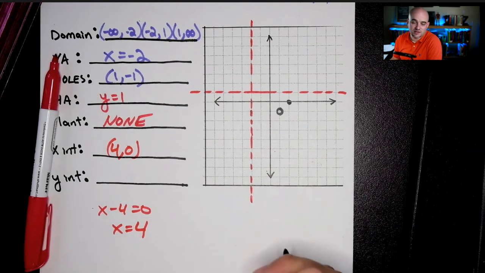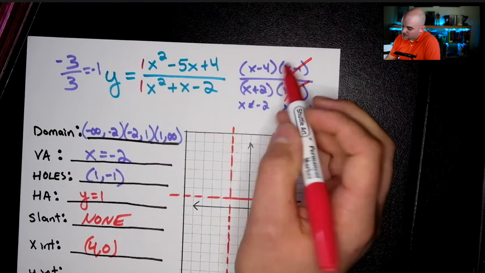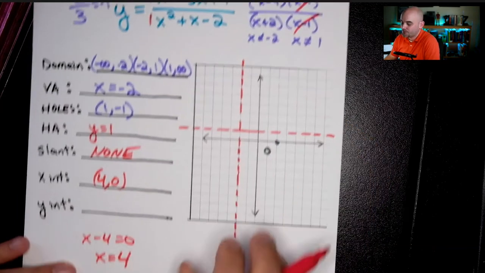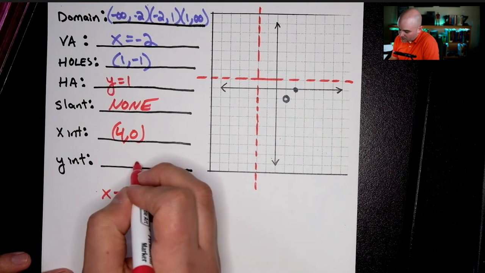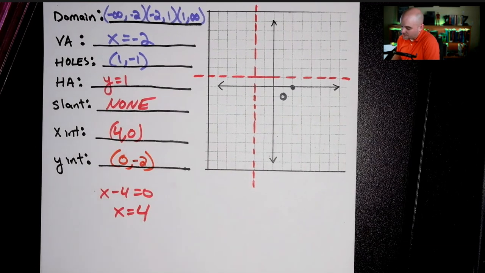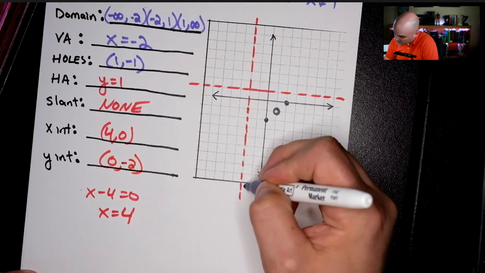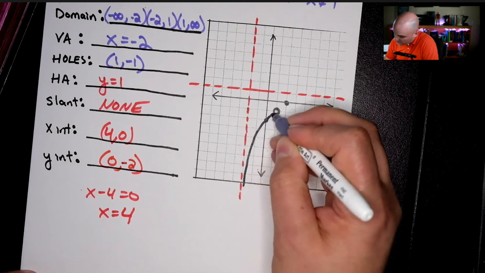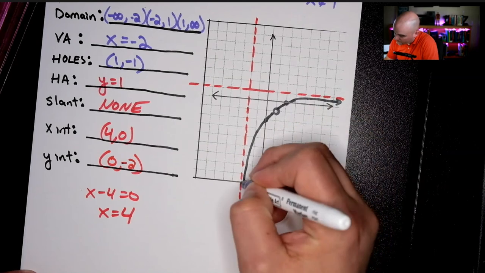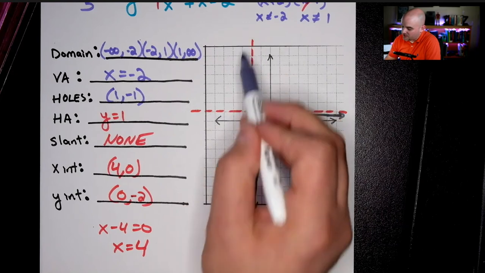I also know that because I've already seen the answer, right? Anyway, the y-intercept happens when x equals 0. So if you put 0 in here to this canceled out form, I end up with negative 4 over 2. And negative 4 over 2 is negative 2. So at 0, negative 2, I've got a crossing right there on the y-axis. So I can already tell that I can draw my curvy corner like this coming through. And now, once again, I'm going to bet that it's right here, but it could be over here.